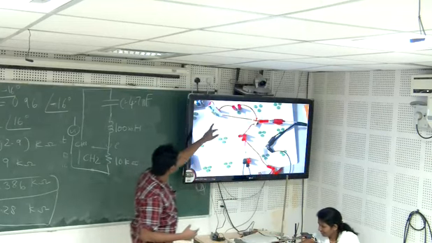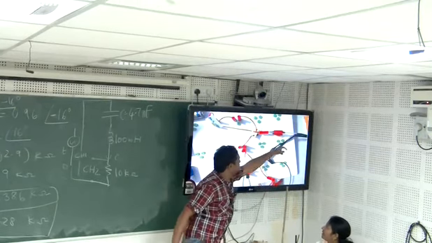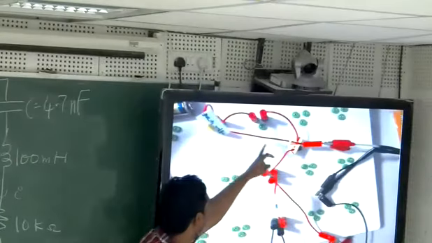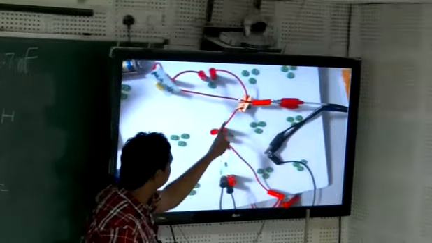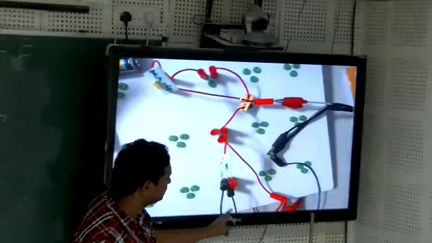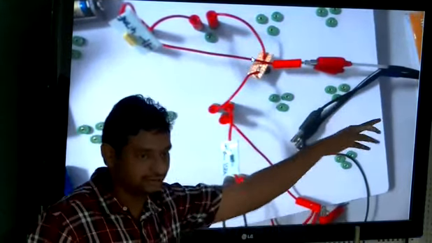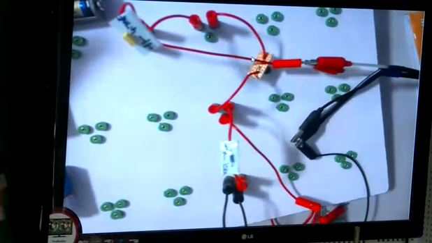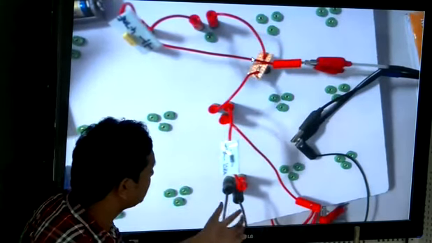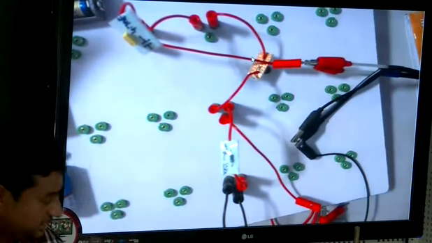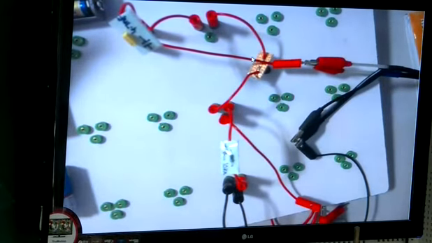So you notice here, this is the input supply coming like this, and then this is the capacitor, then this is the inductor in series, and this is the resistance in series, and it is going back to the supply. So that's the whole RLC circuit. And on one channel I am measuring the total supply voltage, another channel I am measuring only the resistance voltage.